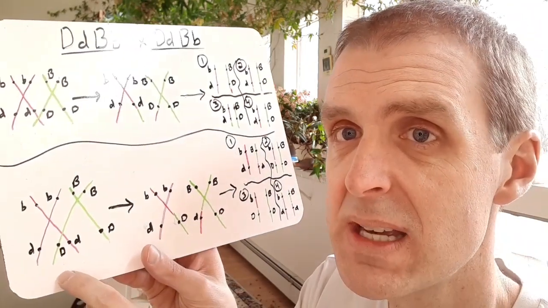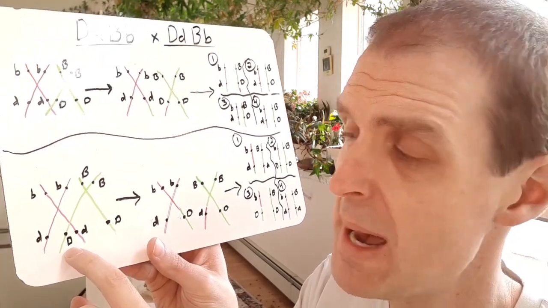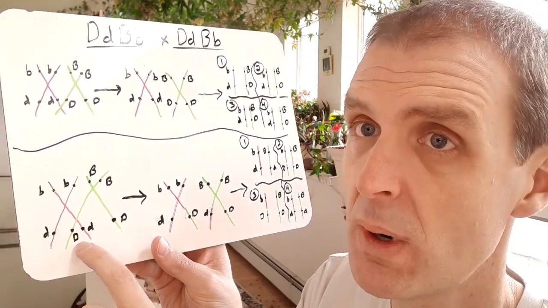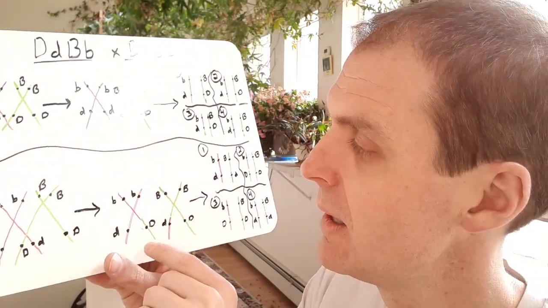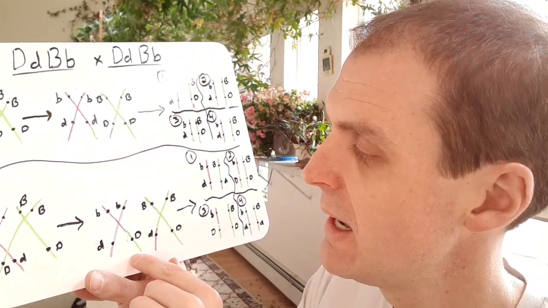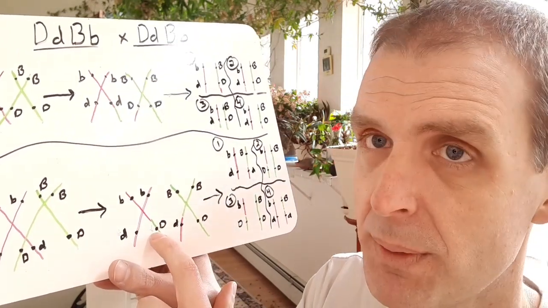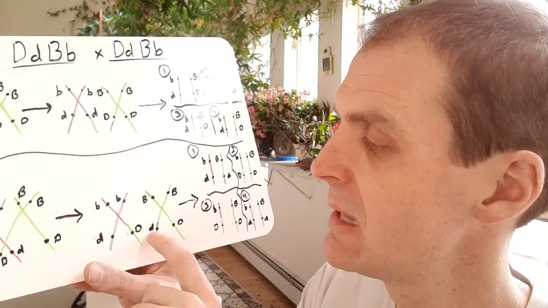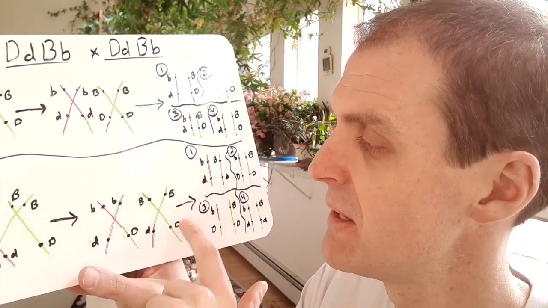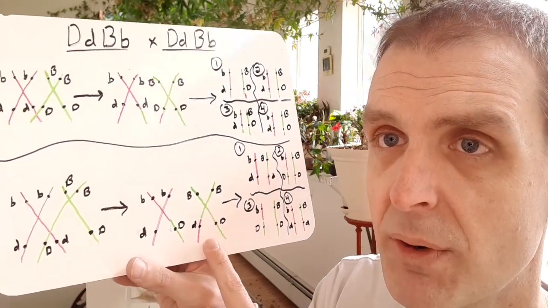In this other example that I drew here, we do have the chiasma happening above where those two D genes occur, so that then we end up with kind of an odd man out where this capital D is on this chromosome where everything else is lowercase, and then this lowercase d is on this sister chromatid where all the other genes are the capital version.